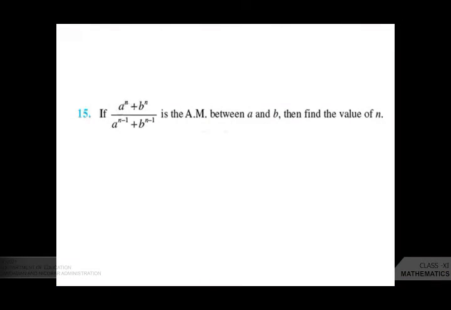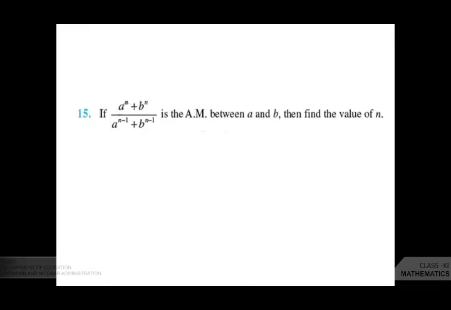Moving on to the next question: if (A to the power N plus B to the power N) by (A to the power N minus 1 plus B to the power N minus 1) is the arithmetic mean between A and B, then find the value of N. It's already given that this expression is the arithmetic mean.